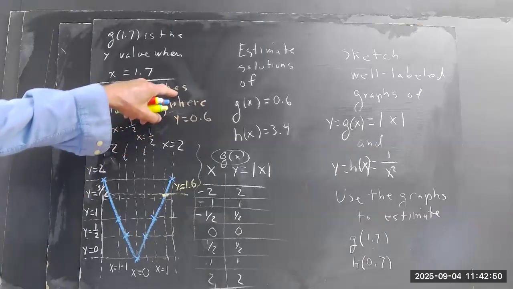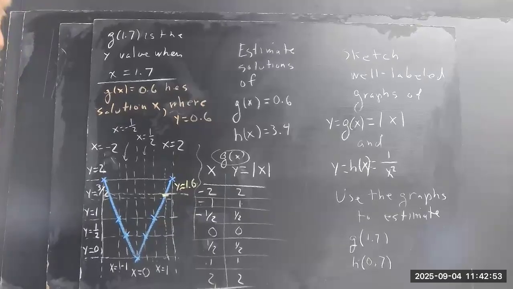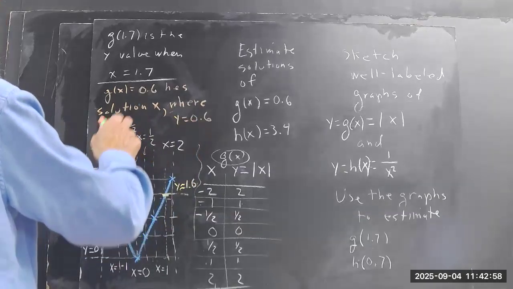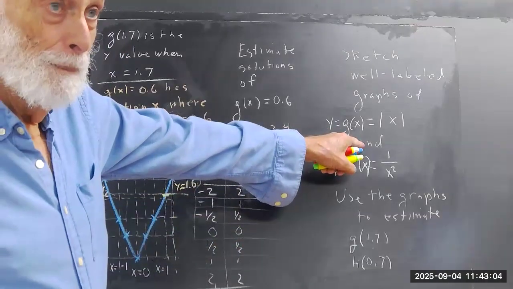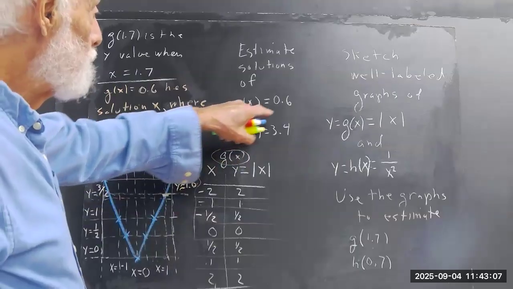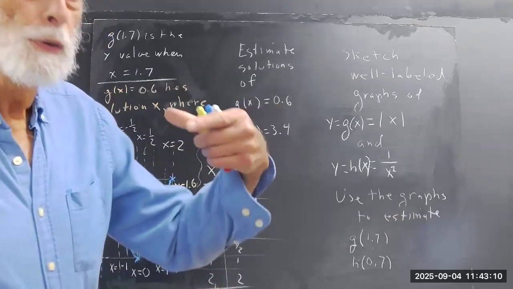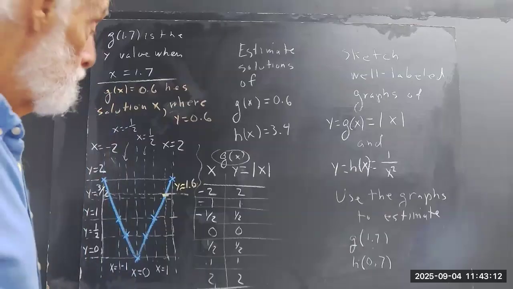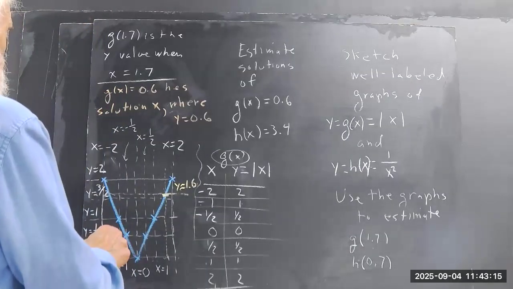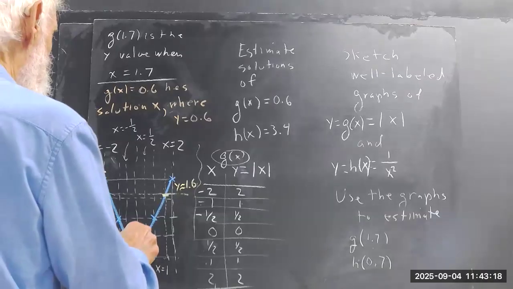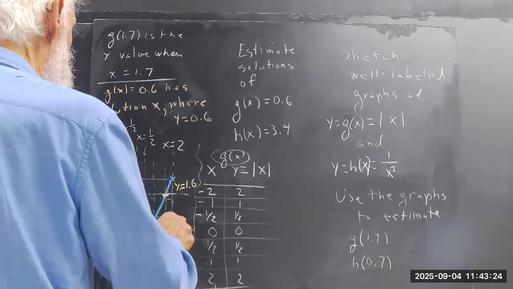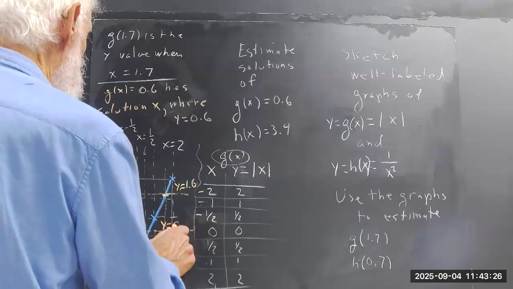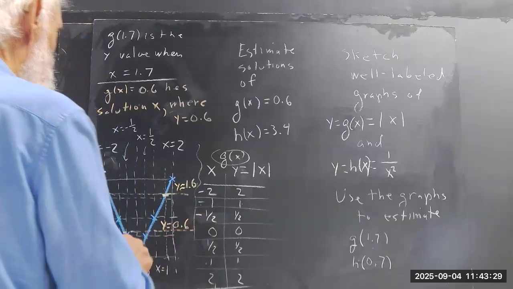It has a solution x for y equals 0.6. Might be a better way of saying that, but what that means is y is going to be 0.6 because g of x is the y value. It says y equals g of x, right? So g of x equals 0.6 means y equals 0.6. Well, here's 1/2, which is 0.5. The line y equals 0.6 is right about here.